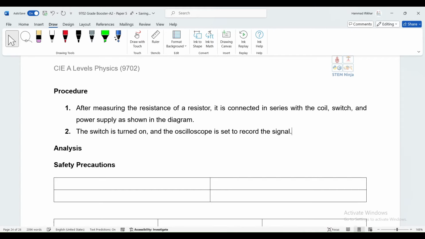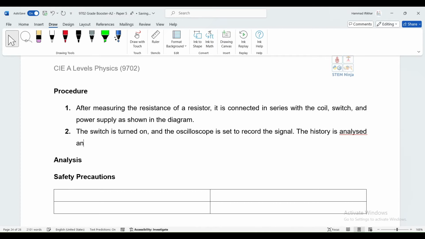Okay. The history is analyzed and time to reach maximum PD across resistor is noted.